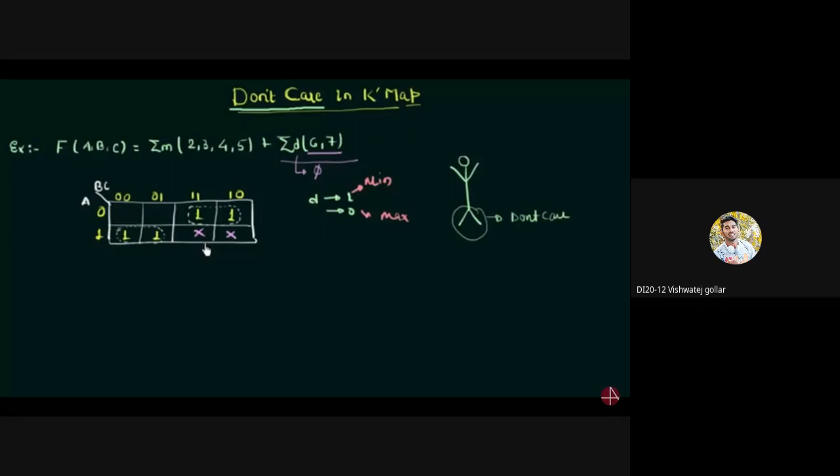We have learned already about prime implicants. An implicant is a group of 1s, and a prime implicant is the largest group of 1s. So we want the largest. What if I change this cross to 1? Let me make another map for you.